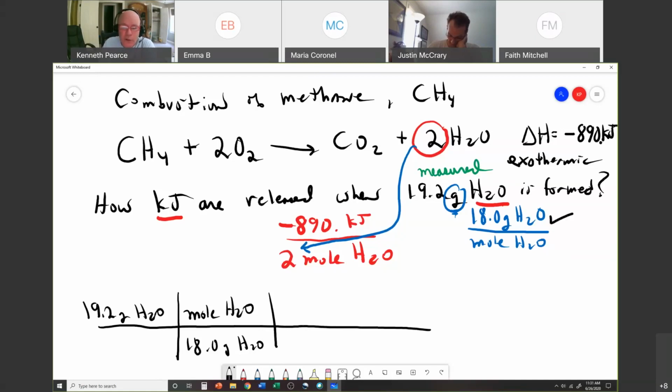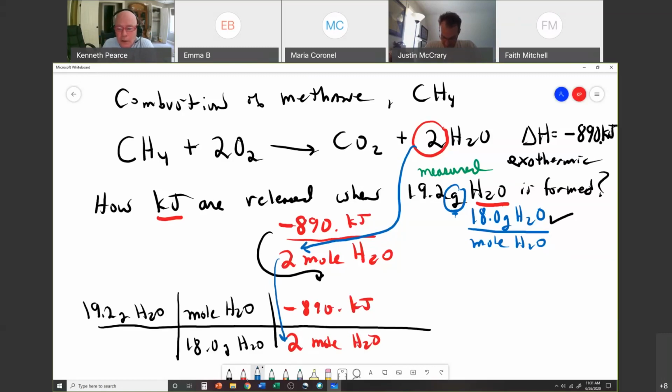And the only thing left that has moles water in it, and remember, this thing's got to get copied down the same way, and we say minus 890.4 kilojoules for every 2 moles water. That 2 has to make its way down. Y'all, it has to make its way down. If you're going to forget something, that's what you're going to forget.